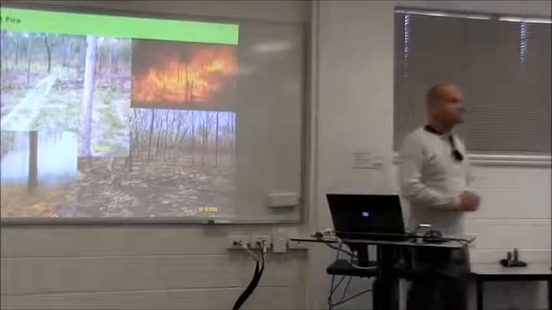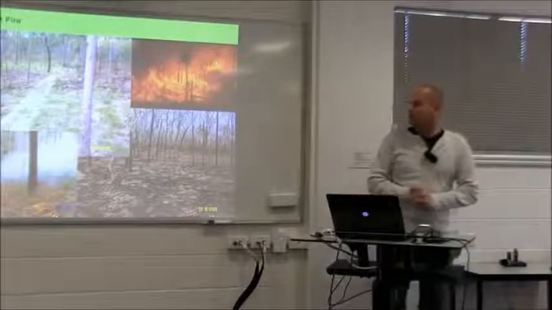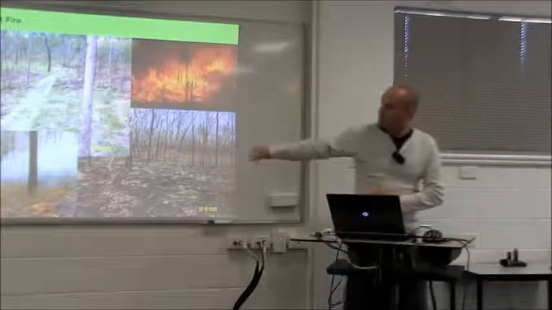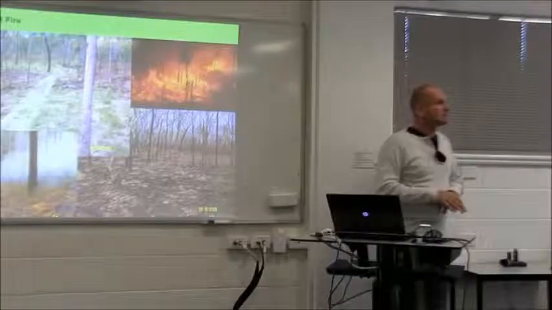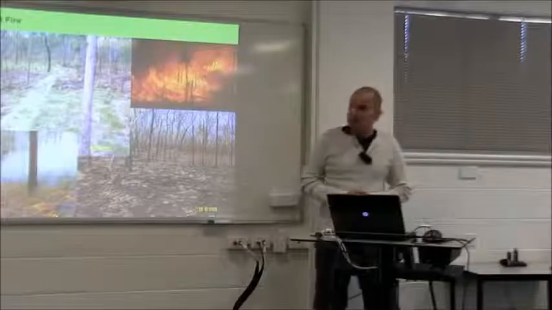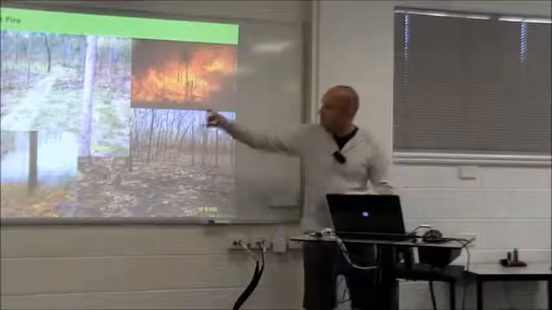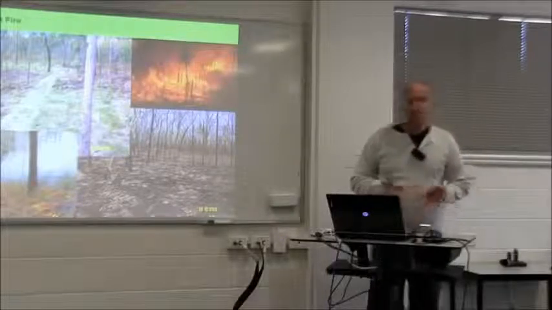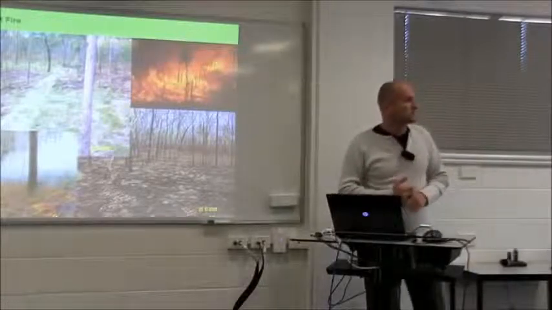But the thing is, fire is not fire. And I've just got 2 examples here. So you might have a fire like the one at the bottom left, which is very low intensity, just affecting the understory. And the result on the vegetation, you can see on the top left, we've got quite large patches that stay unburned.